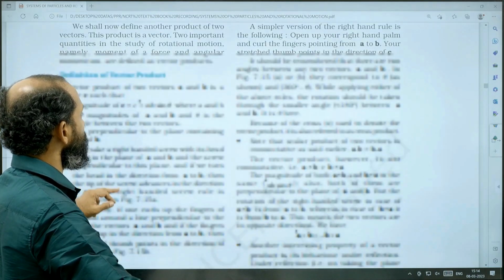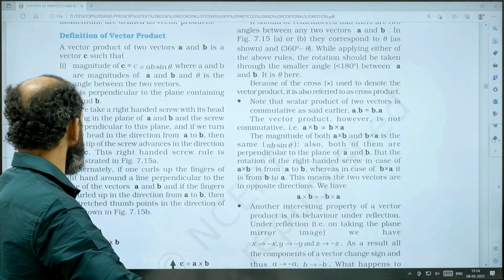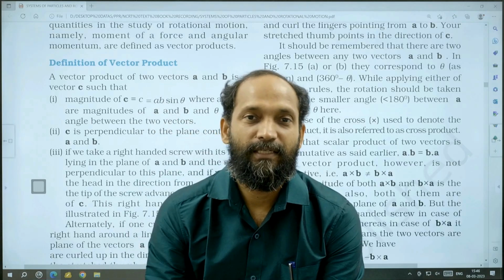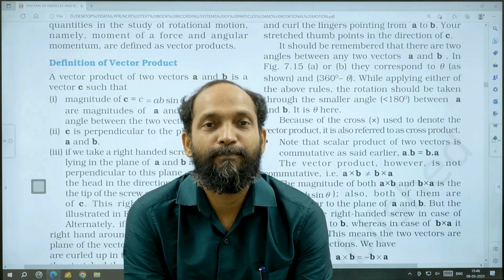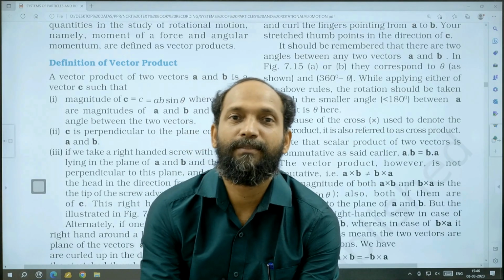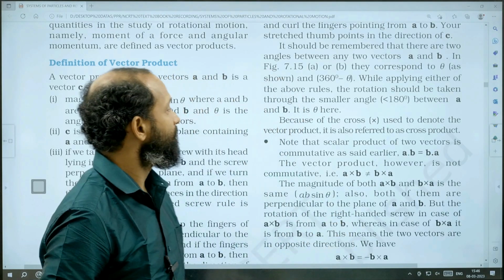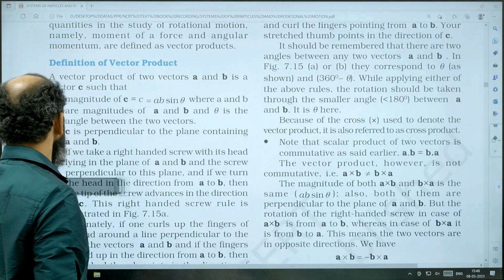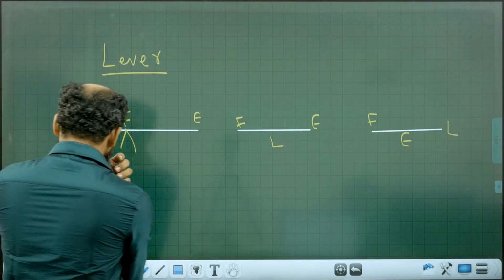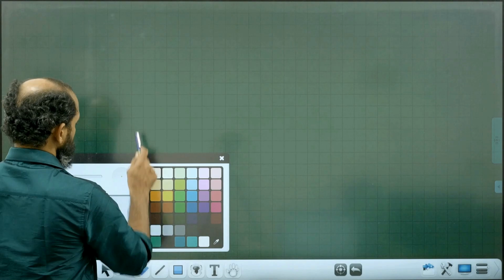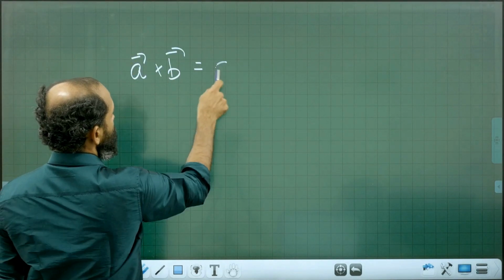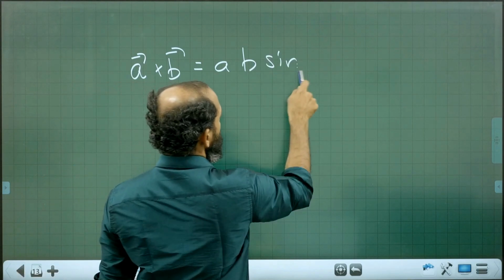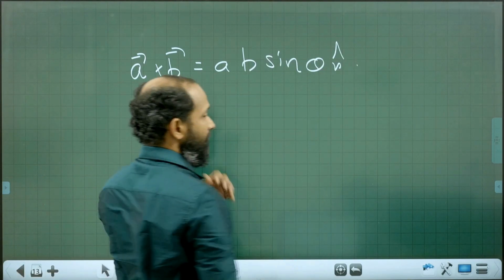Now, two vectors A and B can be multiplied by the method of vector product, which is A cross B, defined as A B sin theta n cap.